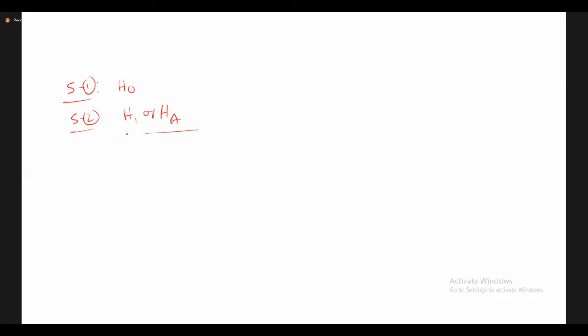The second step is we have to set up the alternative hypothesis. The notation is H1 or HA. Depending on that one, we have to find the tailed test. After that, step 3, we have to find the level of significance alpha.